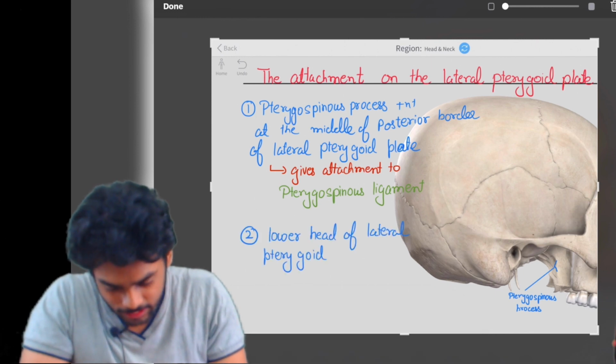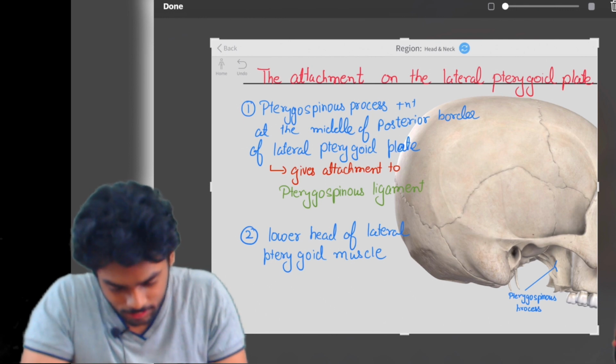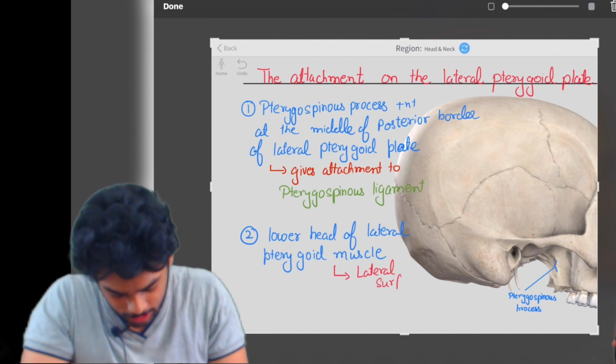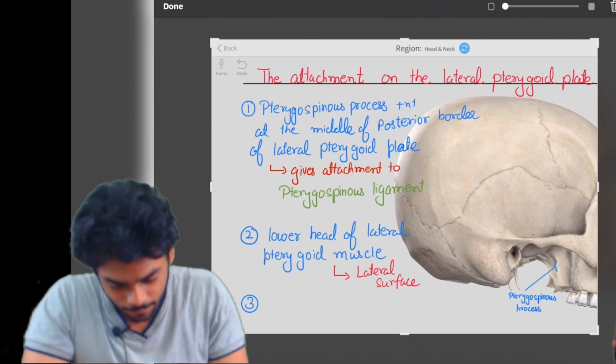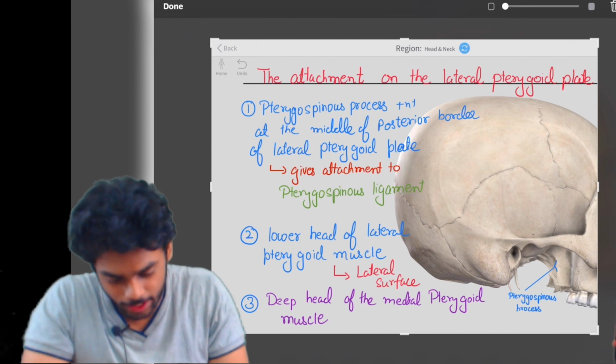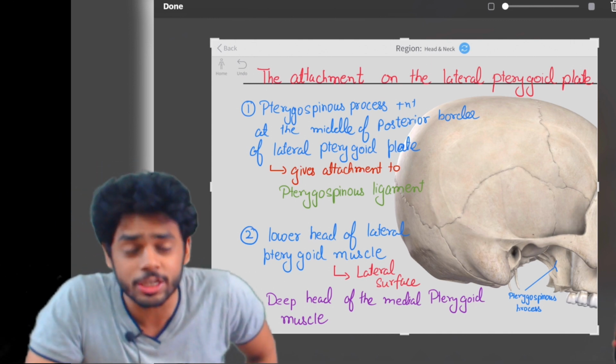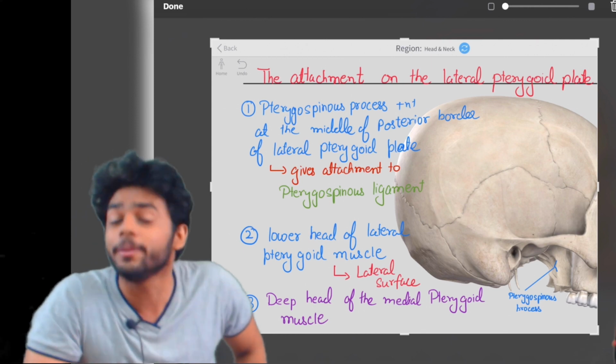And second, the lower head of the lateral pterygoid muscle is attached to this. I will explain this also on the lateral surface. And third, the deep head of the medial pterygoid muscle. These three structures are attached to the lateral pterygoid plate.